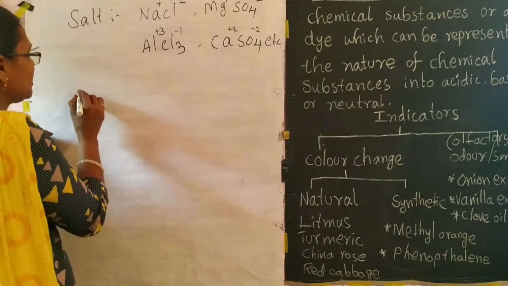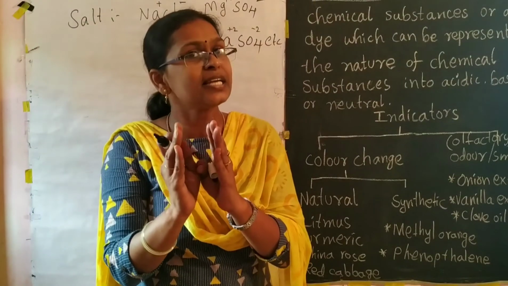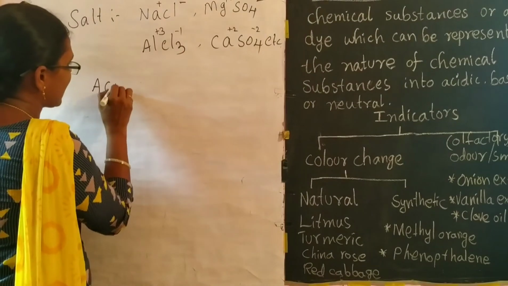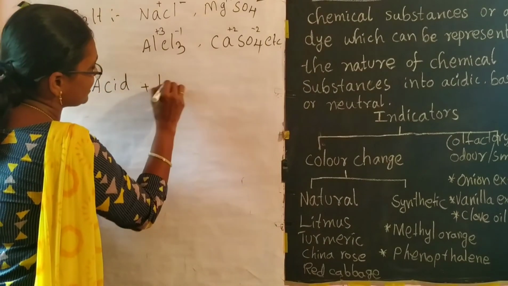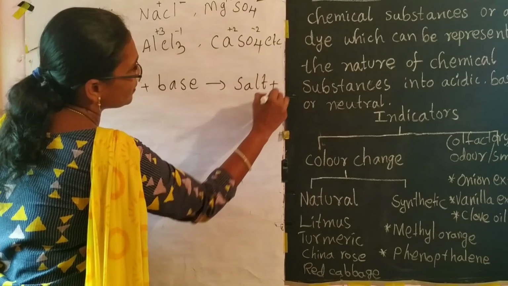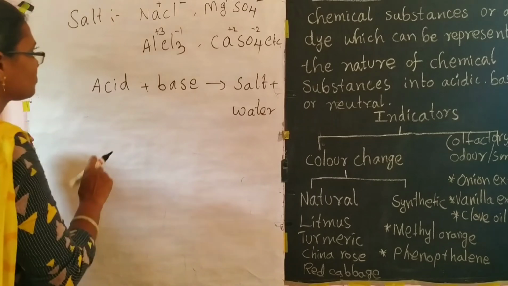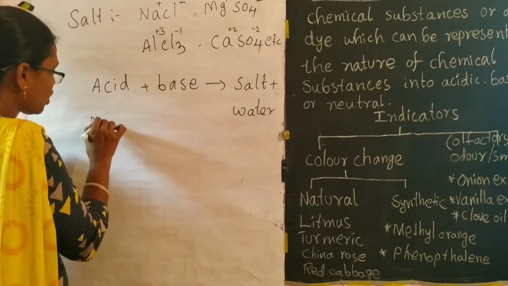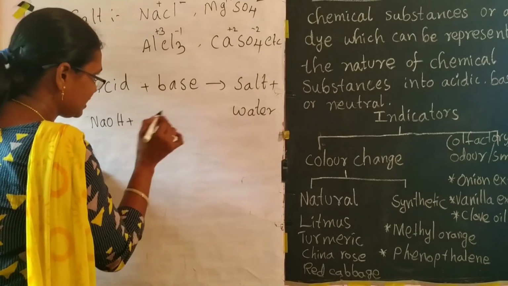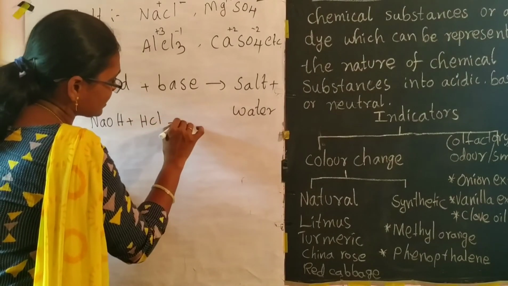So how can you say? Salt is nothing but neither acidic nor basic. Acid reacts with base to give salt plus water. For example, the common base sodium hydroxide reacts with HCl, hydrochloric acid.